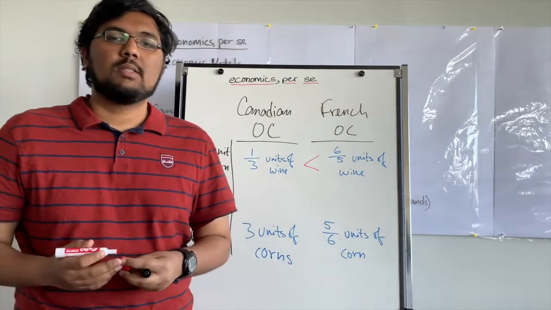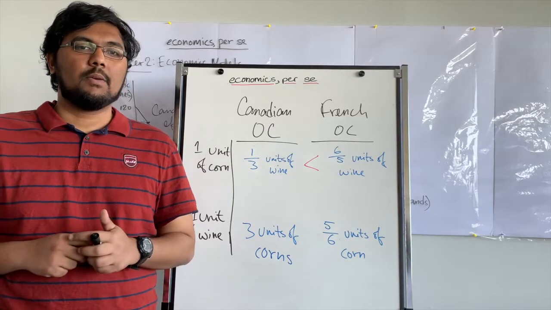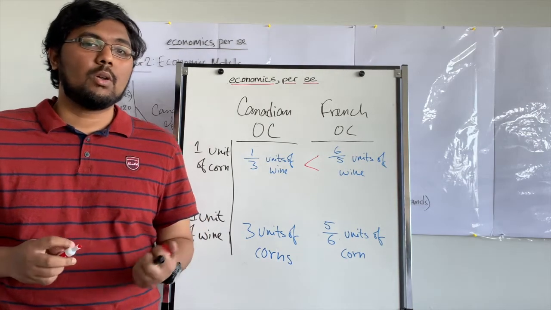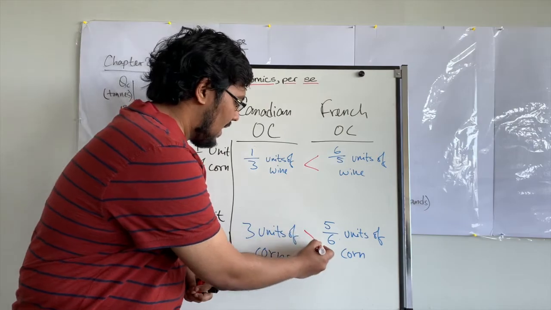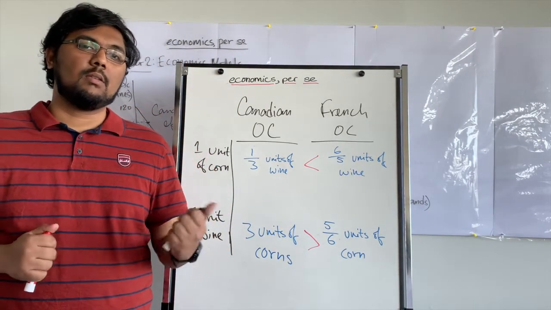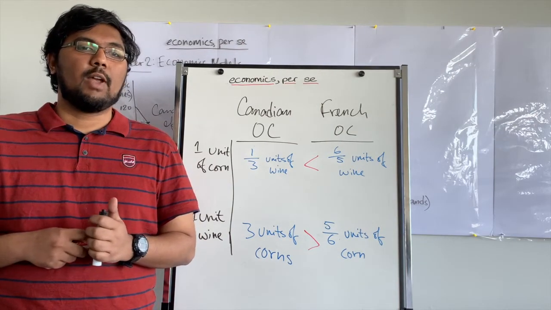So it can be said that producing corn is comparatively cheaper for Canada. And the opportunity cost of producing one more unit of wine is more for Canada than it is for France. So it can be said again that producing wine is comparatively cheaper for France.